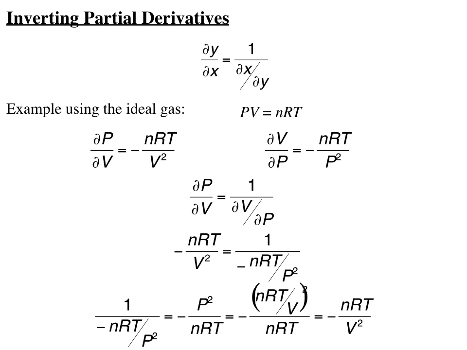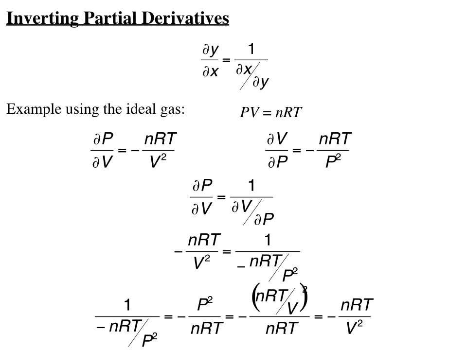So if I plug those two in, as I do in the next to the last line, I do a little bit of manipulation. I flip the P squared onto the top of the right-hand side. So I have P squared over nRT. And then for P squared, I substitute nRT over V and square it. I cancel the nRT terms, and I get that that is equal to minus nRT over V squared.